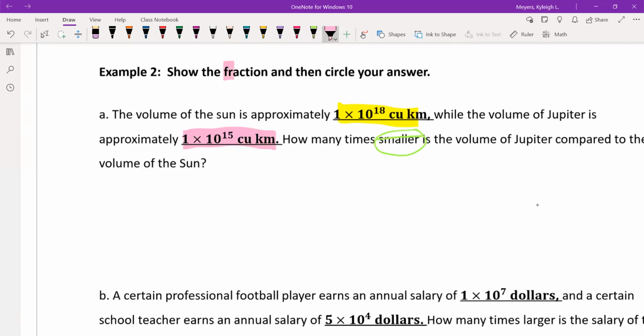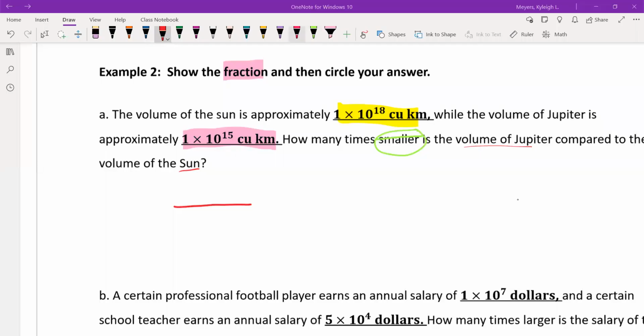So in the directions it says show the fraction. We want to make a fraction, and it says the volume of Jupiter compared to the sun. So we put the bigger number on top always. Always put the bigger number on top. So we have to figure out which one's bigger.